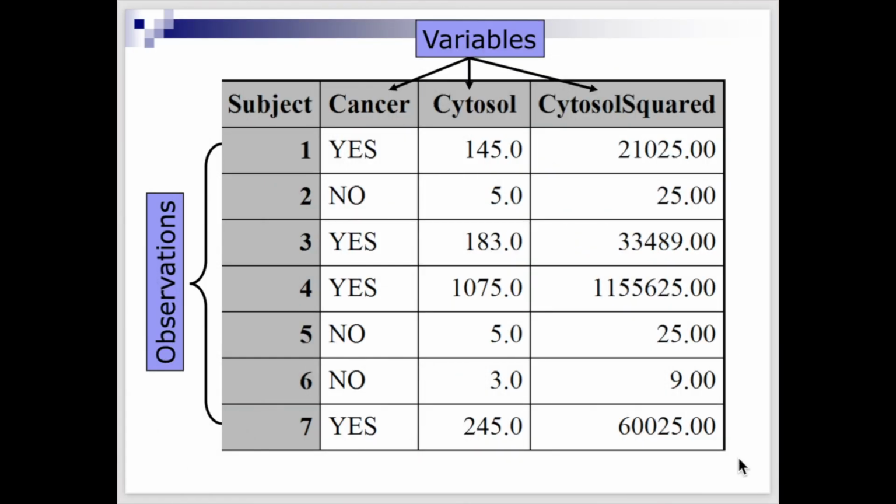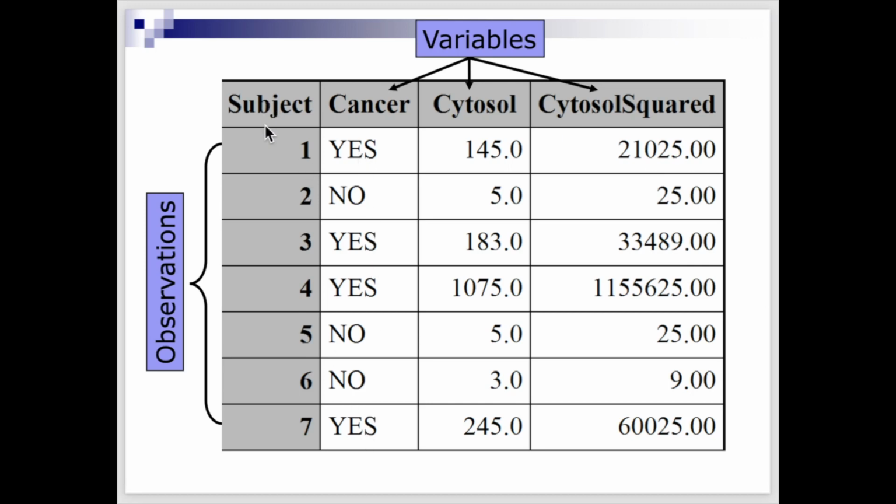And so going back to this example data set, we see, like I was describing, that the columns correspond to variables and the rows correspond to observations. Let me just point out that some of these variables are numeric in nature, and they would appear to be inherently numeric. On the other hand, one of the variables has text information in it, so this is obviously a non-numeric type of variable.